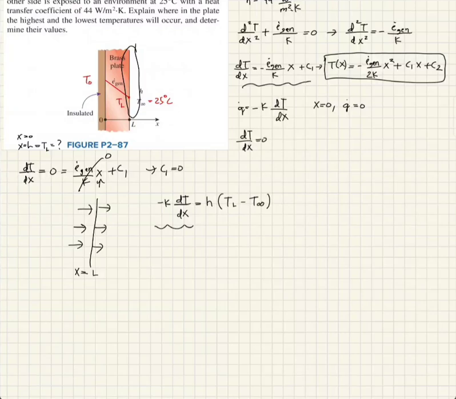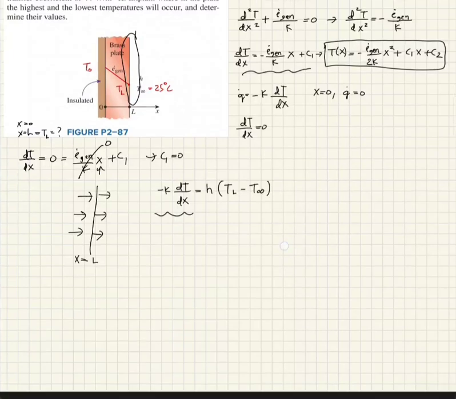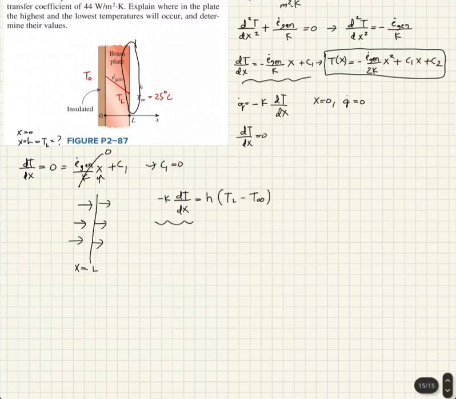So we already know dT/dx, right? By the way, dT/dx is 0 at x equals 0, not at x equals L. So from dT/dx equals negative e dot gen over k, x plus c1, we're going to ignore c1 because we already found that c1 is 0.